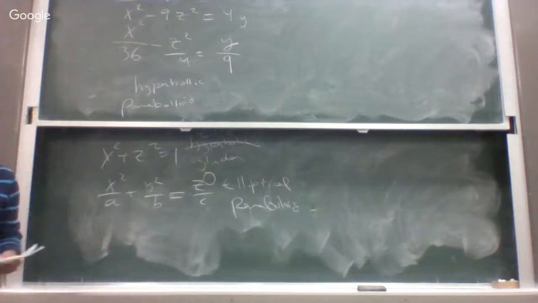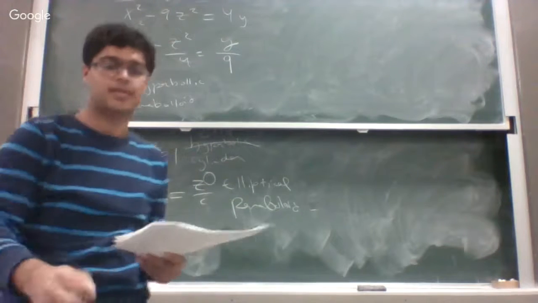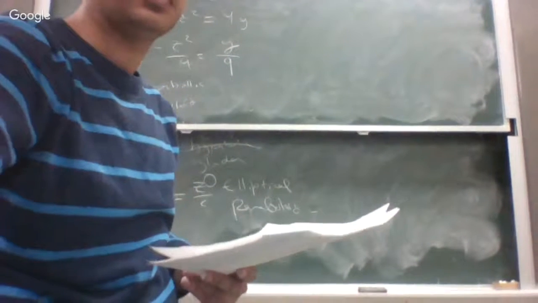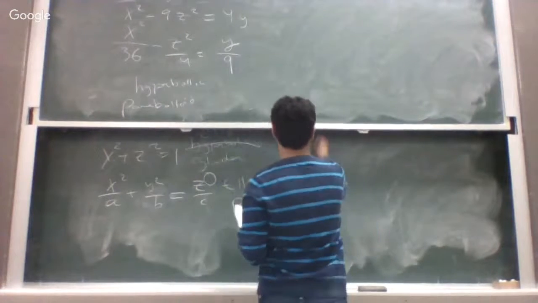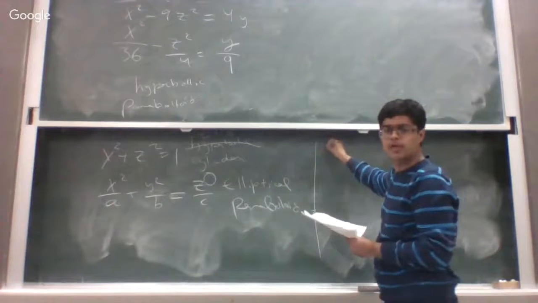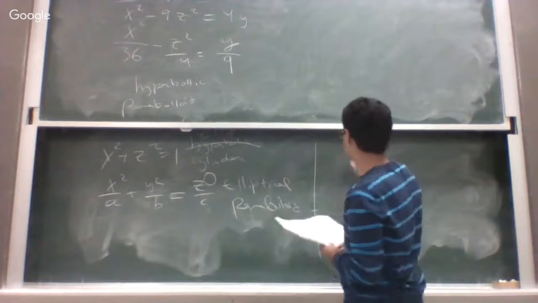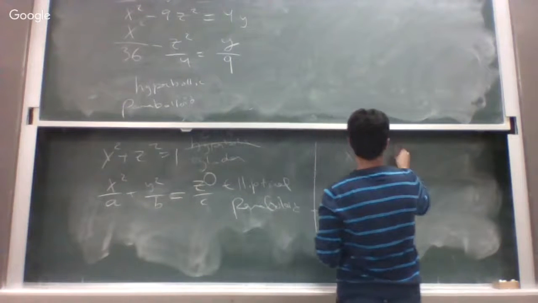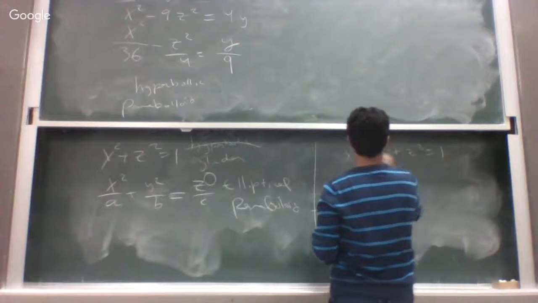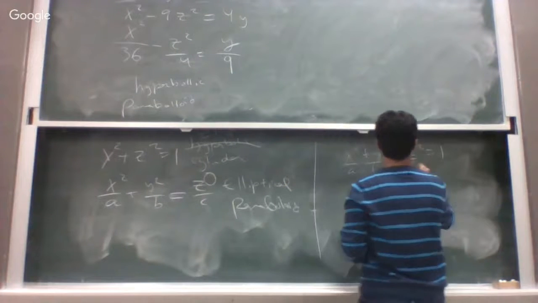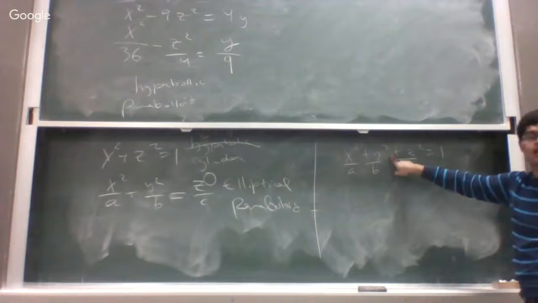Did that make sense? Okay. Moving on. If we have three variables equal to a 1, are all the signs positive?